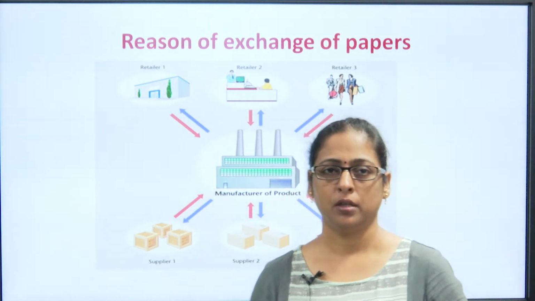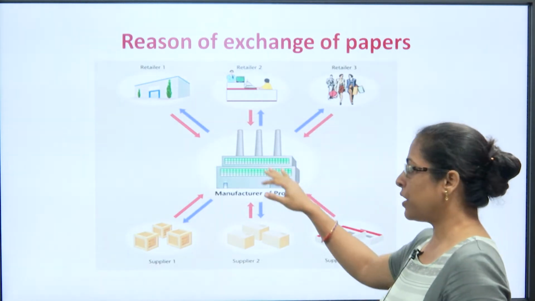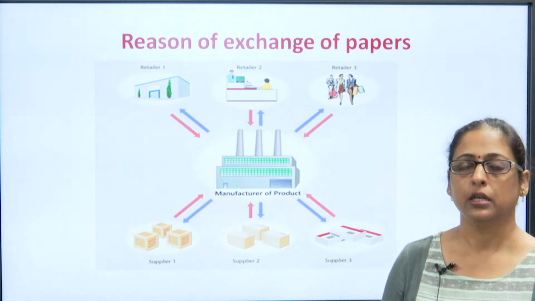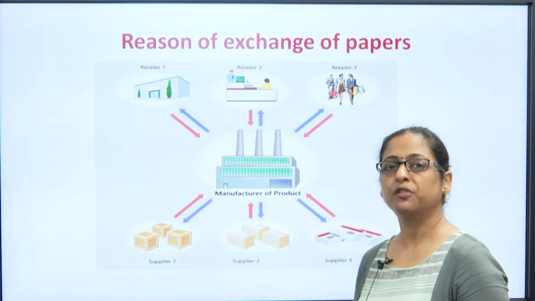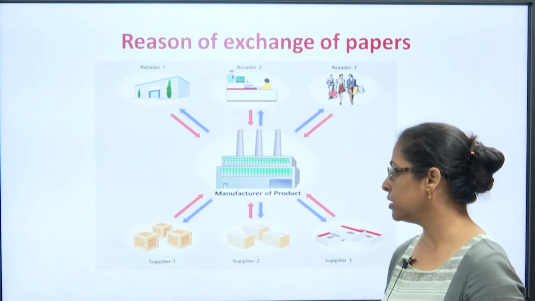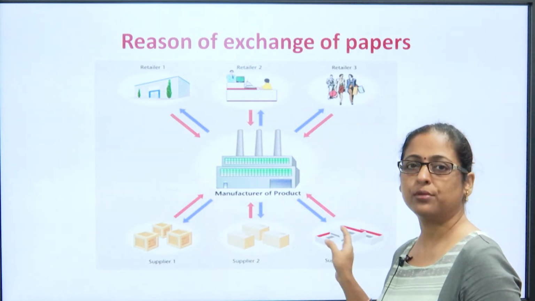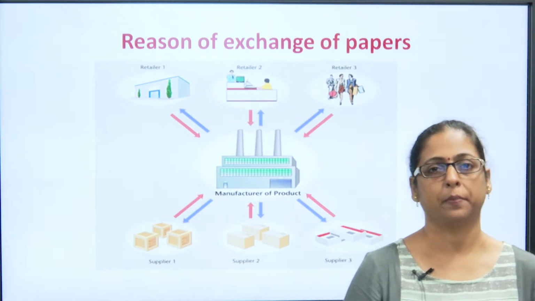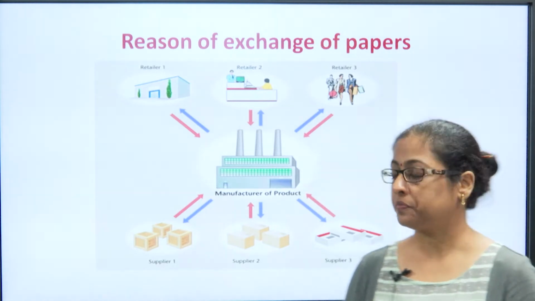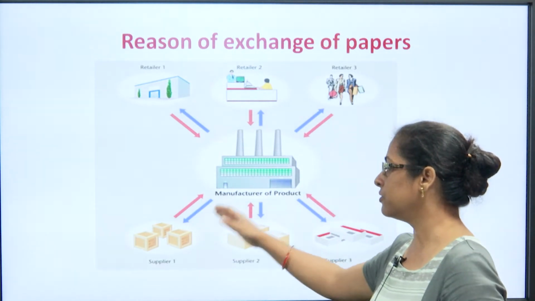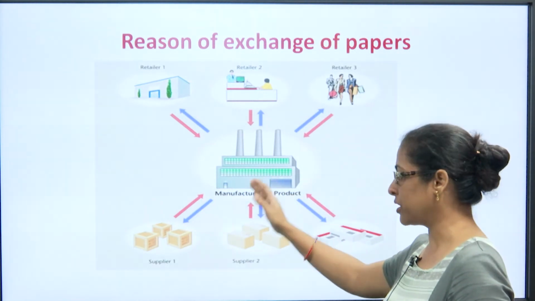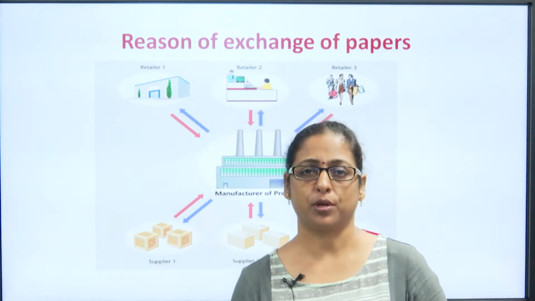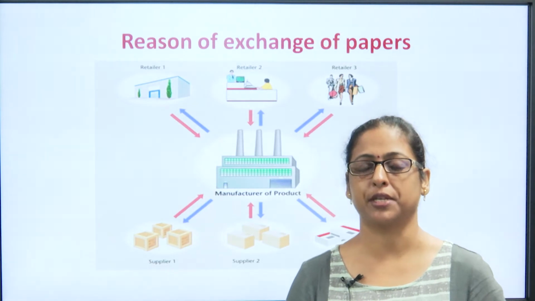sales to happen. Now, obviously, this manufacturer needs to send different kinds of information related to the requirement of different raw materials to supplier 1, supplier 2, supplier 3, and similarly to retailer 1, retailer 2 and 3. Then obviously, in between the transaction of the manufacturer and the supplier also, there is a requirement of documents to be sent to the transporter also, to the government also, as I had shared earlier.